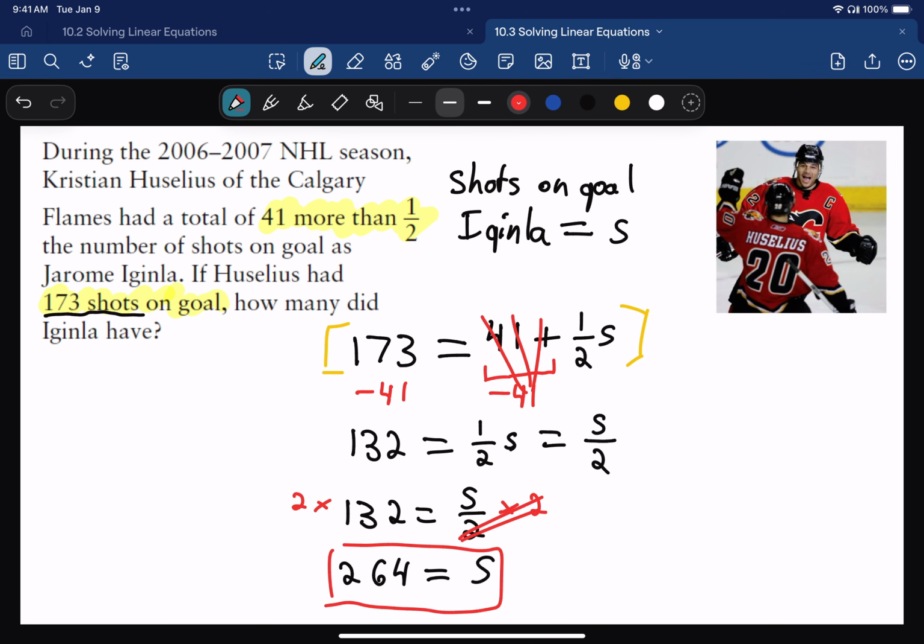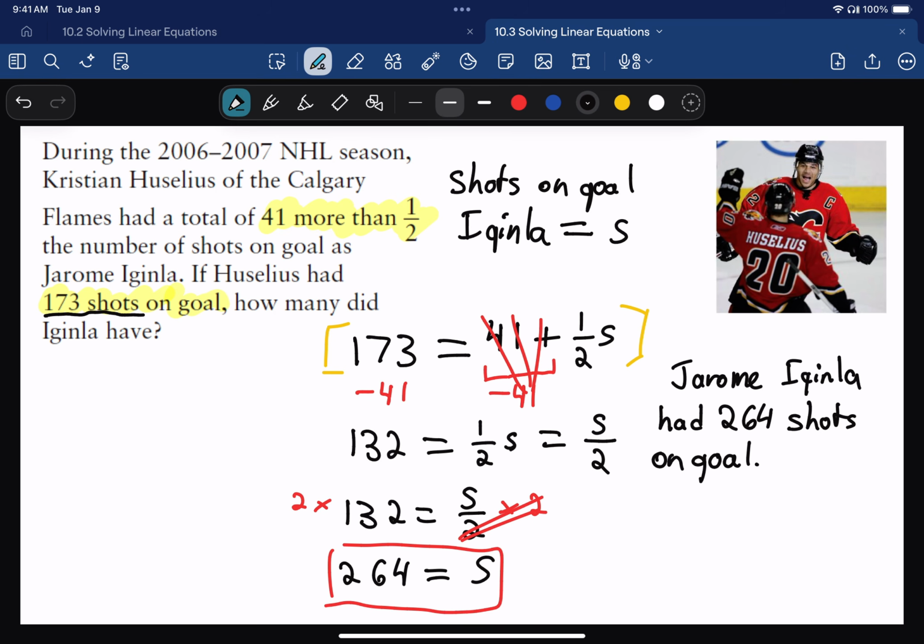So 264 is S. And now since this is a word problem, I want to see your answers in a full sentence. So we can say Jerome Iginla had 264 shots on goal. And this would be an acceptable answer.